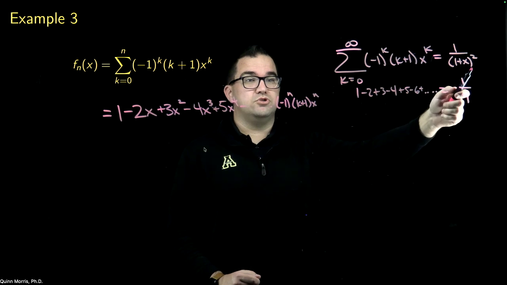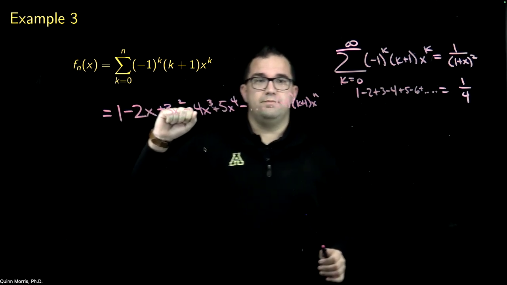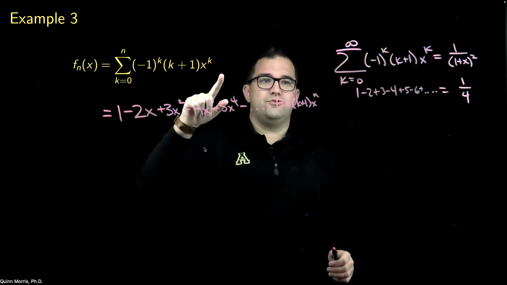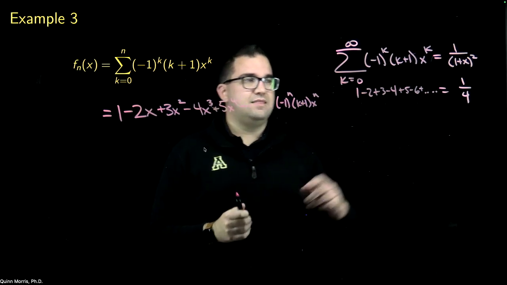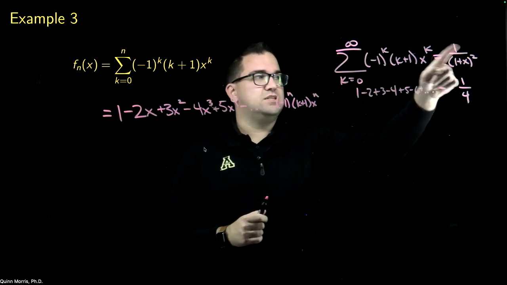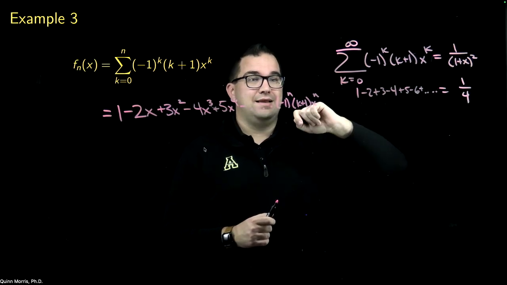Now, the issue, and I've played a little fast and loose with it here, is that we haven't said on what interval we're looking at this function. So the problem is that this sequence of functions does not converge to this function when 1 is in your domain.